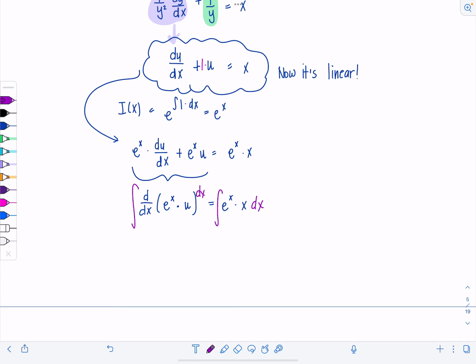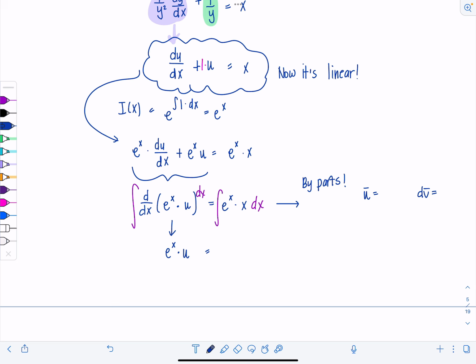Okay, then we're going to integrate both sides. Boom, ba-doom. The left-hand side is done. It's just e to the x times u. And now this is a good review. How do you integrate x times e to the x? By parts. Normally you pick u and dv, but I already used up u. So I'll just say u bar, dv bar.